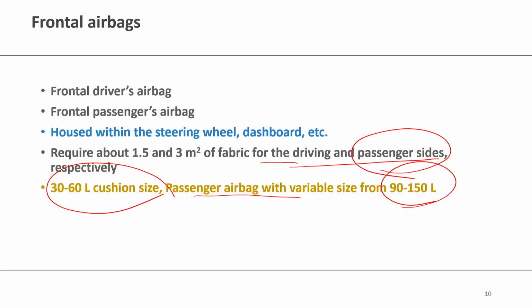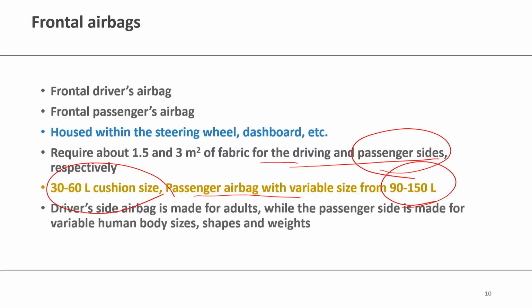The driver side airbag is made for adults, as it is assumed that the drivers will be adults, while the passenger side is made for variable human body size, shape and weight, like it may be young or adult.